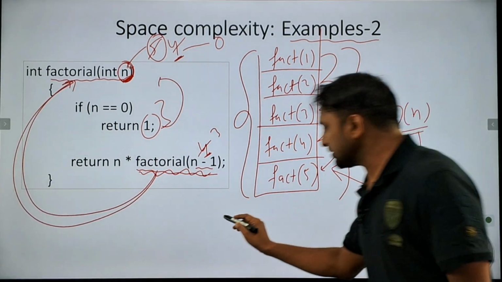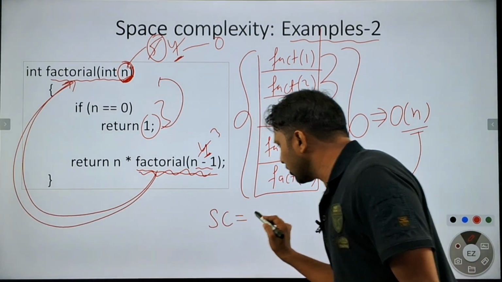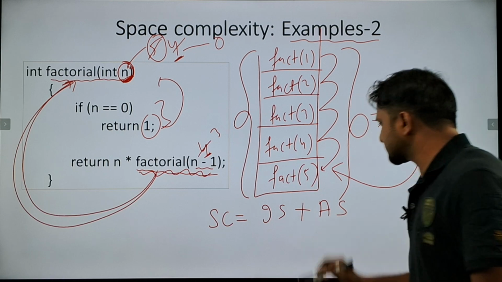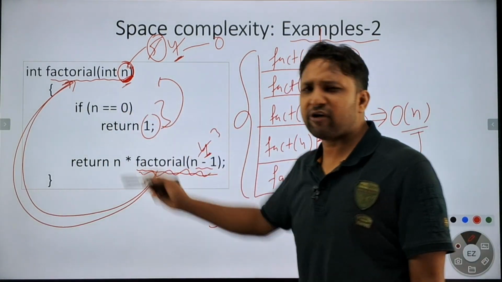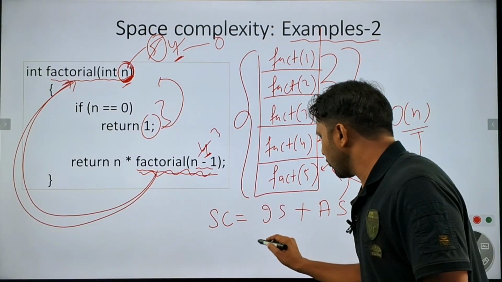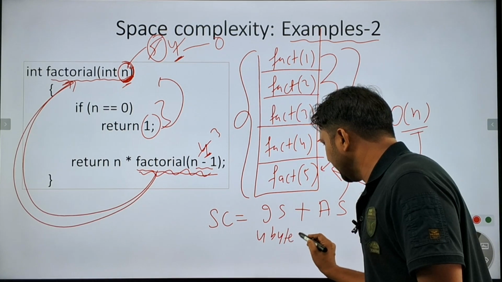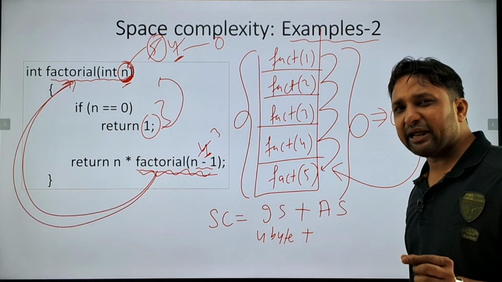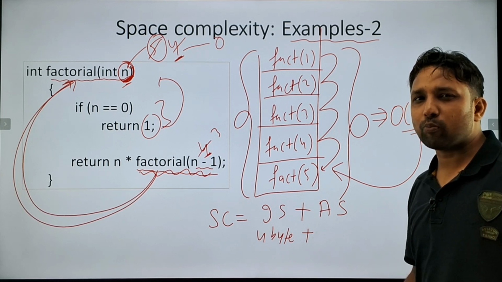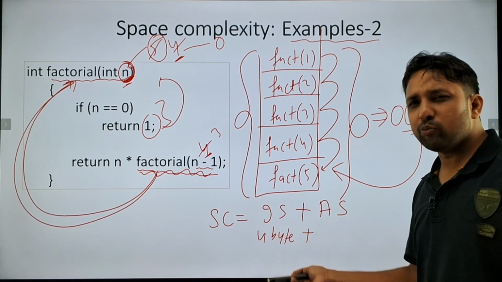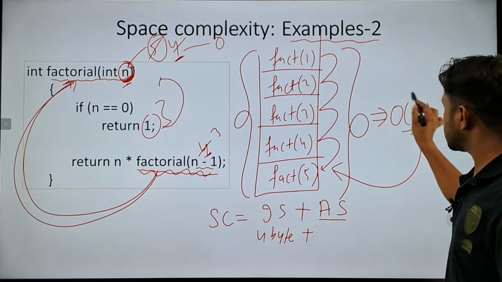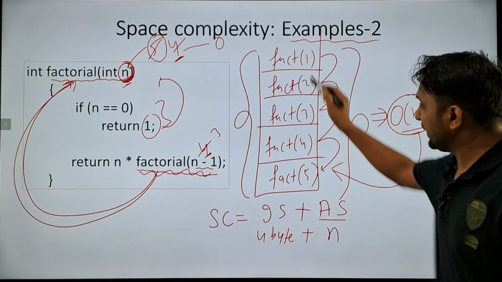So the space complexity of this code is the input space plus the auxiliary space. Input space is just one integer, 4 bytes. How many bytes an integer takes depends on the compiler, so we are assuming one integer takes 4 bytes. Auxiliary space is n to maintain this stack.